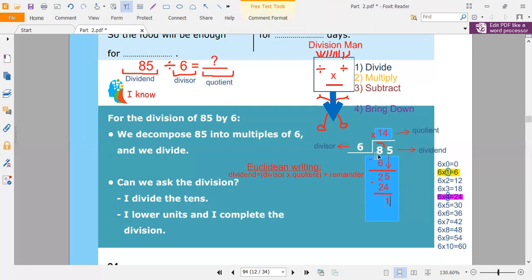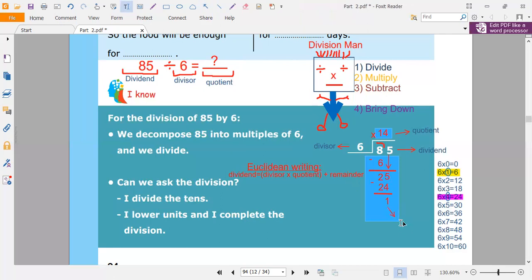Step 4, we have to bring down, but we have no digits to bring down. So the division is done. We finished the division. And here we have a number, and this number is called the remainder.